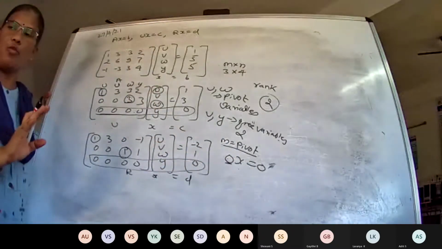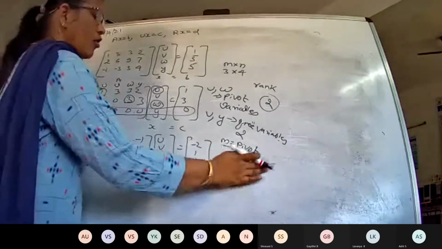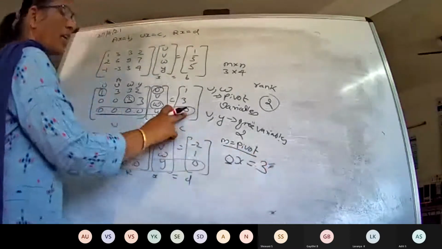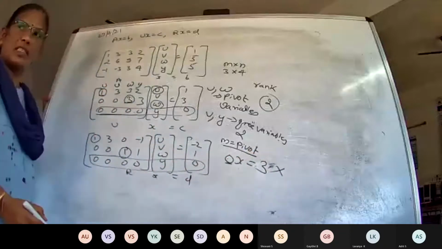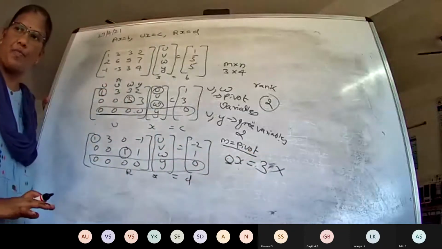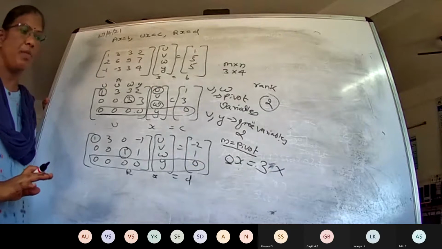If it is equal to 0, then only it is solvable. If I say 0x is equal to something, 3 or 4, if you are getting that here instead of 0, then the system is not solvable. Clear? The system will not be solvable.